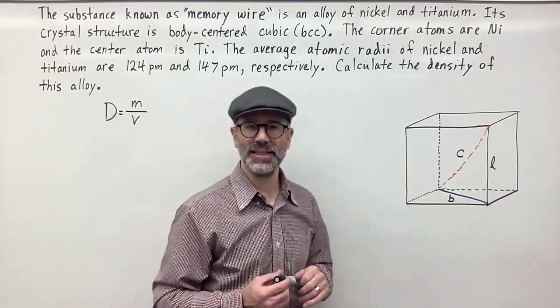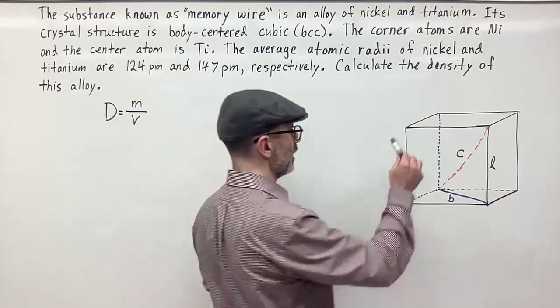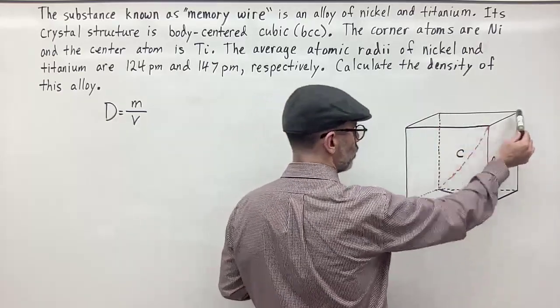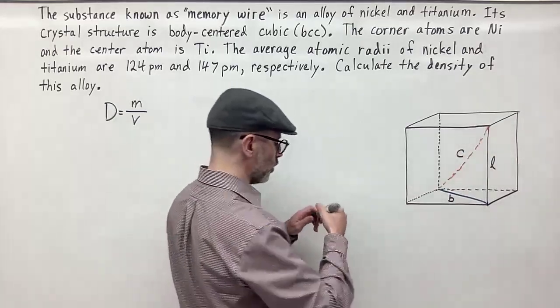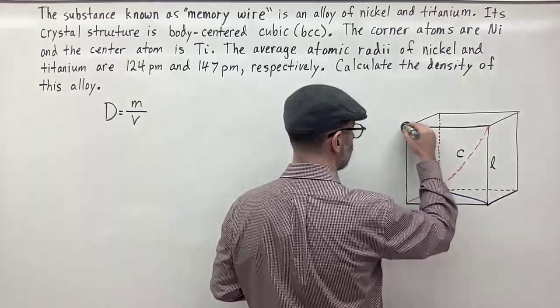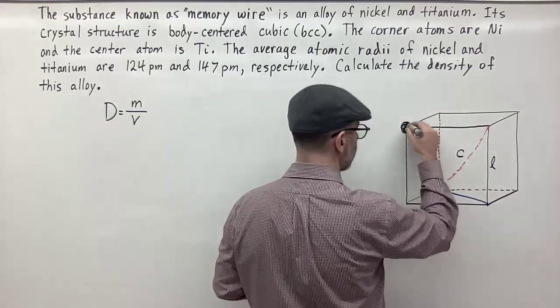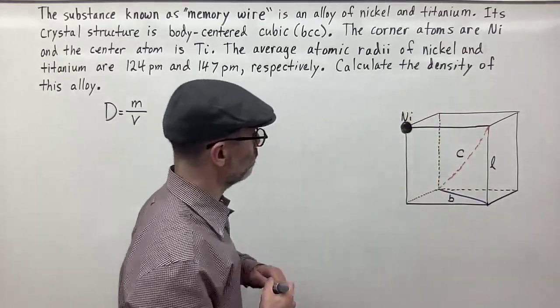But basically, at each corner are nickel atoms. So at each of the 8 corners here, I have a nickel atom. If I was to draw one corner, it would look something like this, right? So I'd have a nickel atom in that corner.